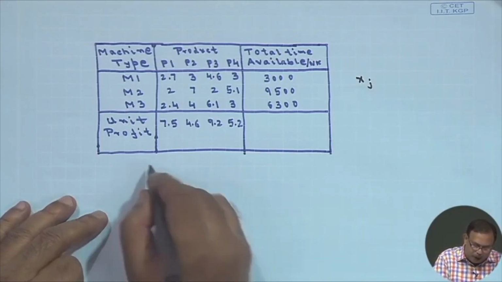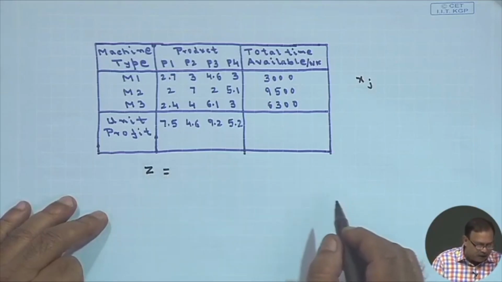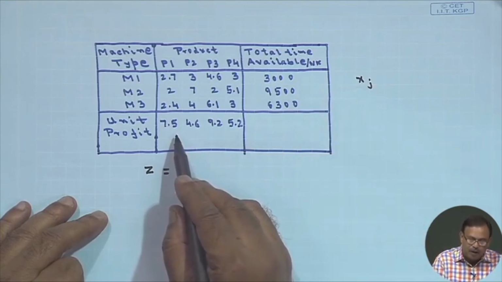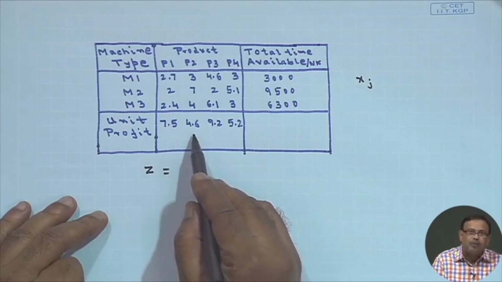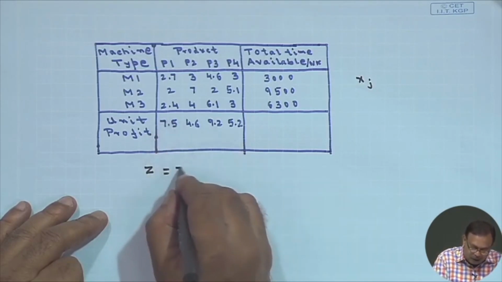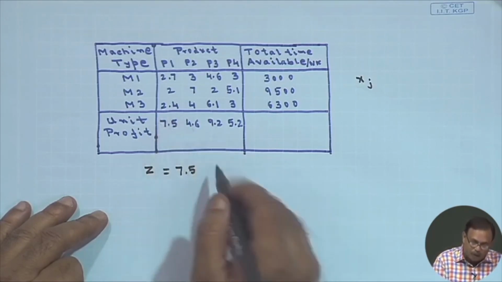So, we can develop a function z. I am producing x1 quantity of product P1, x2 quantity of product P2, and the per unit profit is given. Therefore, 7.5 is the unit profit per product x1.